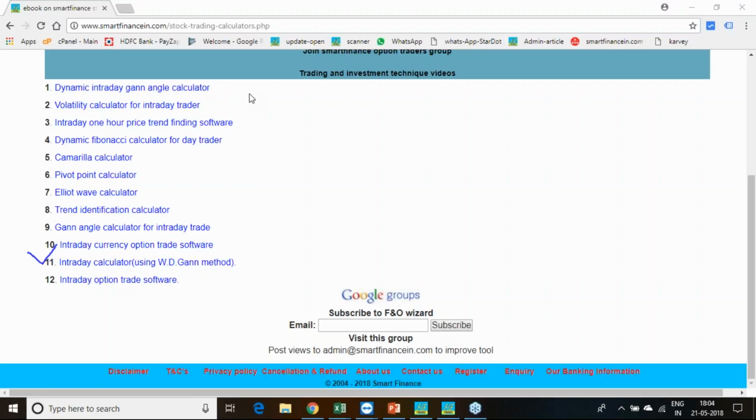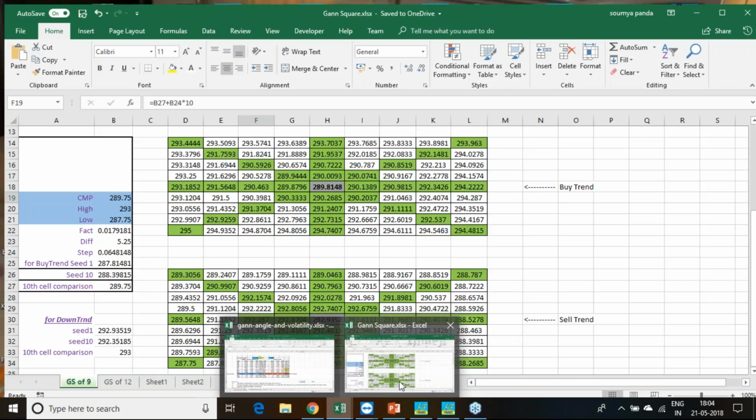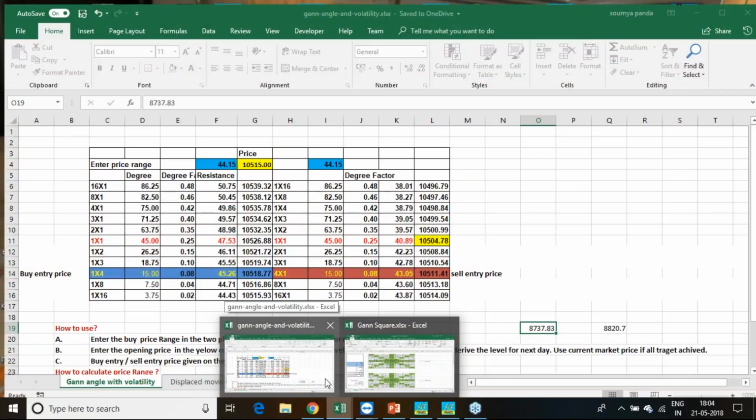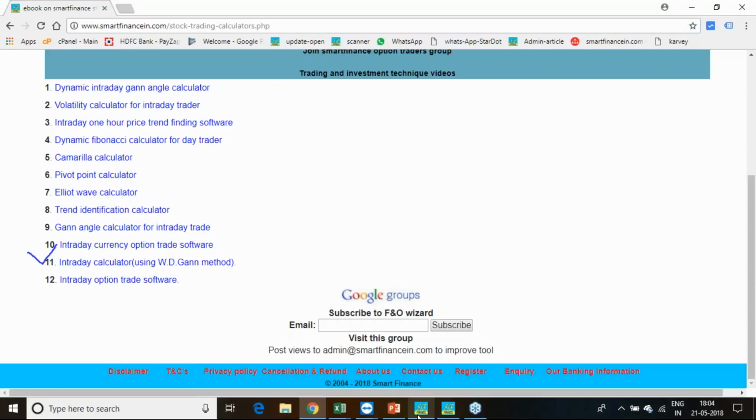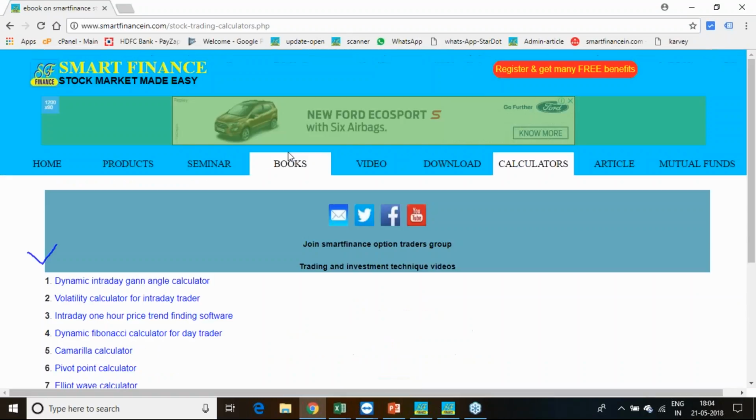Various principles are there. Today's objective is to learn 2 different principles: one is the square of 9, and another is the Gann angle. We have also given a free app on the Gann square of 9.